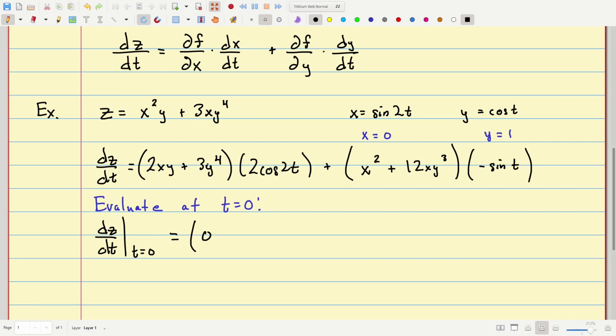We get a 0 and then plus 3. And then we're plugging t equals 0 here, so this is going to be 2. And then we add to this 0 plus 0, and then sine of 0 is 0. So the answer is 6.